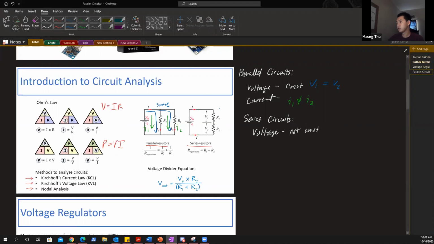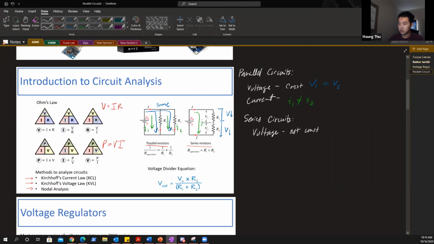Let's draw this. After it gets past the first resistor, it gets dropped. Your voltage drops over here, and it drops further, so your voltage is not constant throughout the entire circuit. However, your current for the entire circuit is constant. It's the polar opposite of what parallel circuits are like. They're opposite to each other.